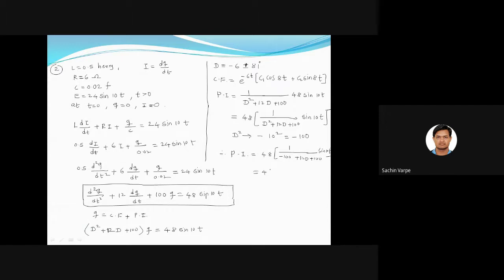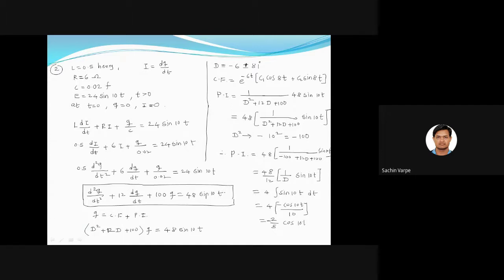And 48 upon 12 into 1 upon D operated on sine of 10t. And 1 upon D means what? That is integration. So 4 times integration of sine 10t dt. So that is 4 into minus cos 10t upon 10. So that is minus 2 by 5 cos 10t.